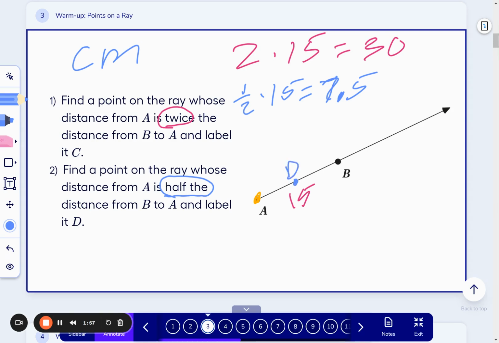And there would be D, and C would end up out here, double the distance. But again, you've got to measure the distance from A out to B. Then double it, half it, start from A, measure out.